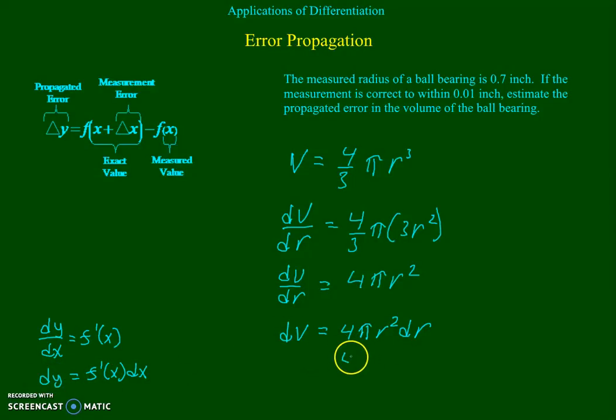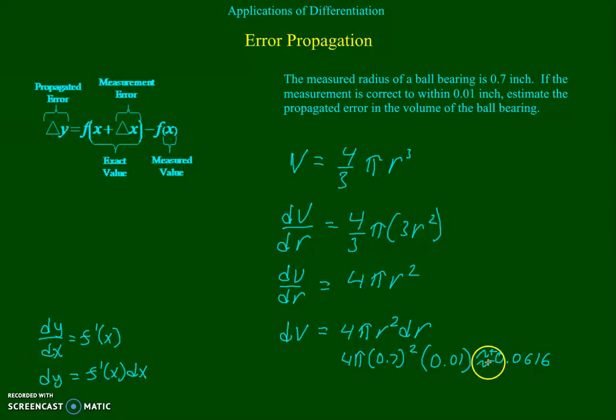So substituting our values, we have 4 pi, our r is 0.7, and our dr is our error in measurement, 0.01. So this is approximately 0.0616, and that's plus or minus because this tolerance is either up or down by 0.01 inch.